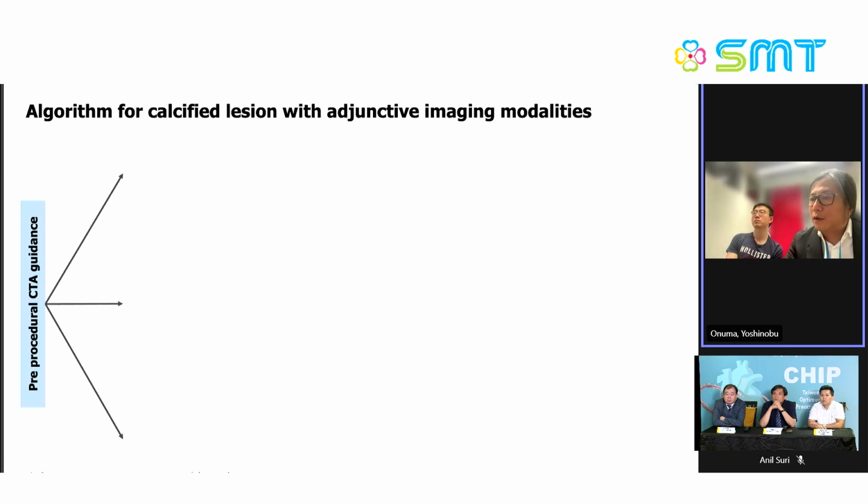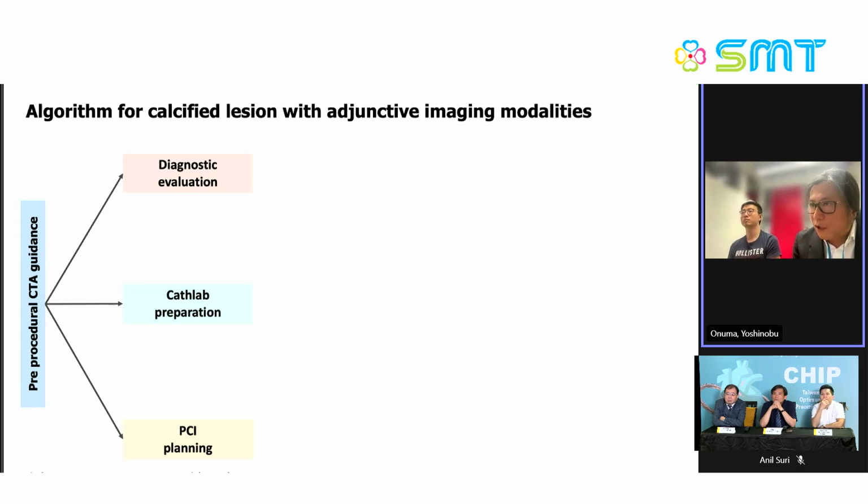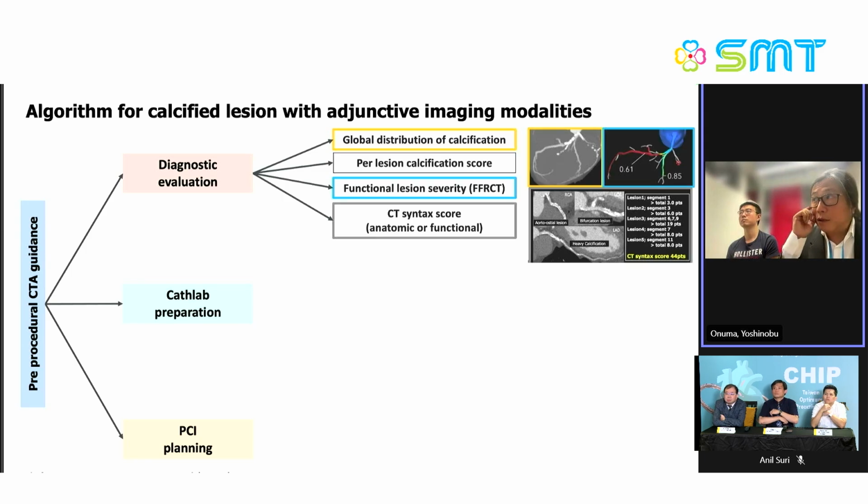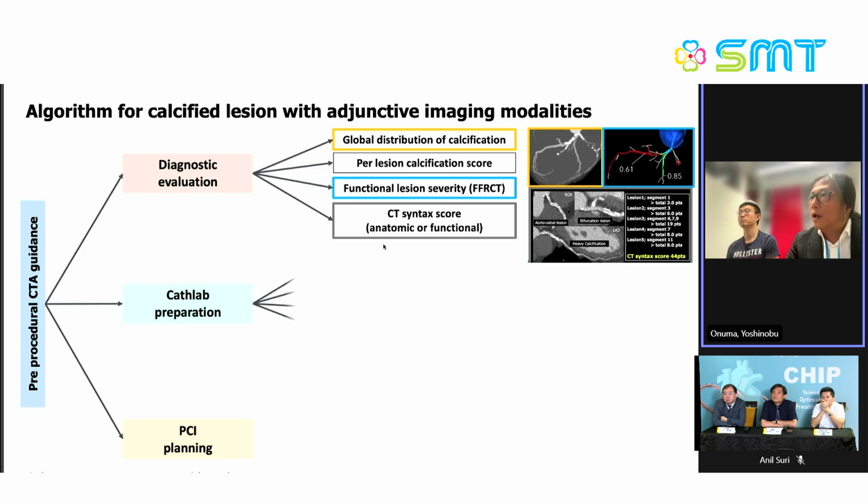And recently, last year, the consensus for CT management was published in the European Heart Journal, and there was one figure in the supplement about the CT guidance. So for the CT guidance, for the diagnostic evaluation, you have a CT SYNTAX score and you have a functional lesion severity.